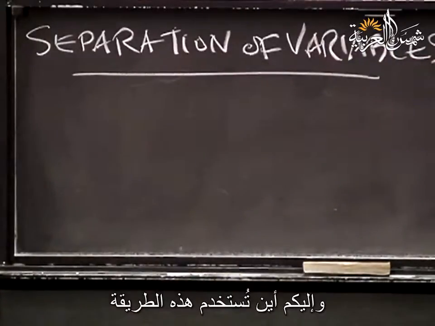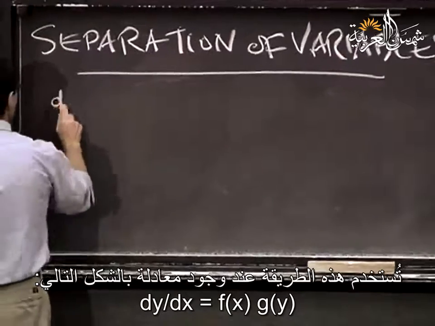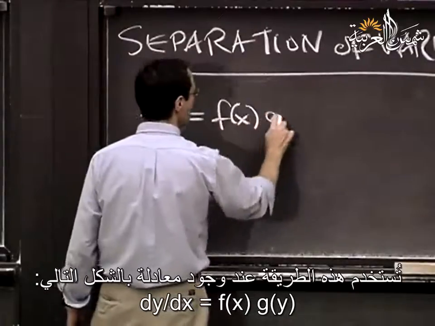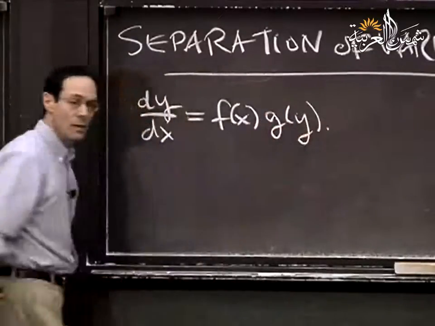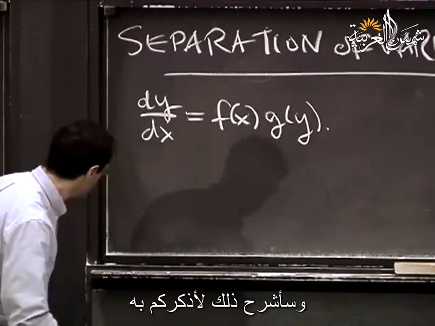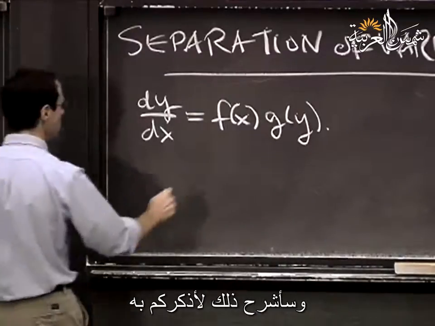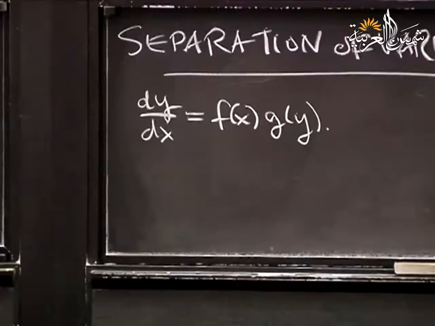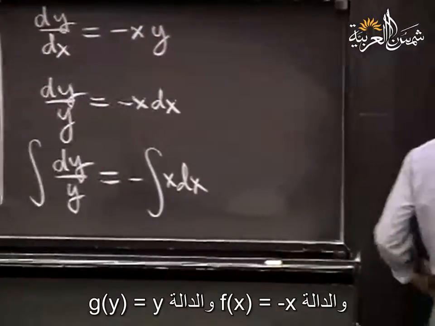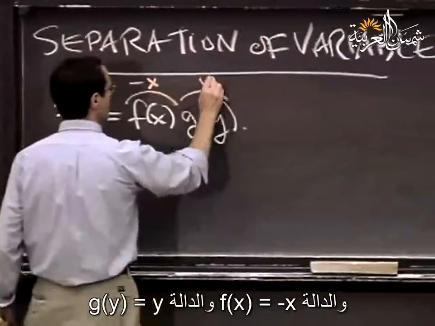And here's when it works. It works when you're faced with a differential equation of the form f of x times g of y. That's the situation that we had, and I'll just illustrate that just to remind you here. Here's our equation. It's in that form, and the function f of x is minus x, and the function g of y is just y.